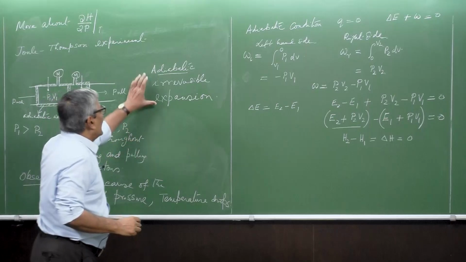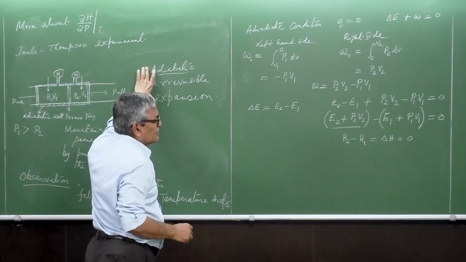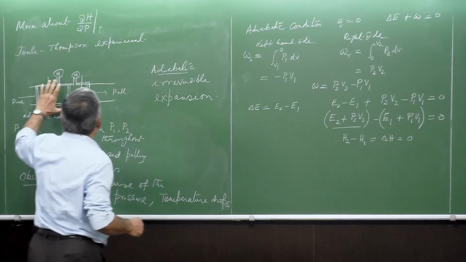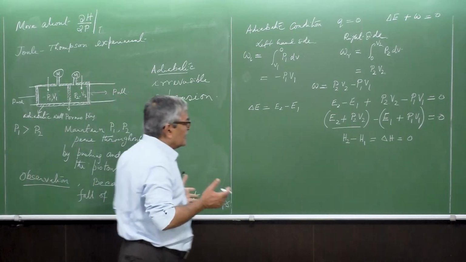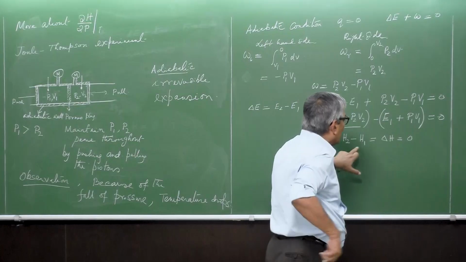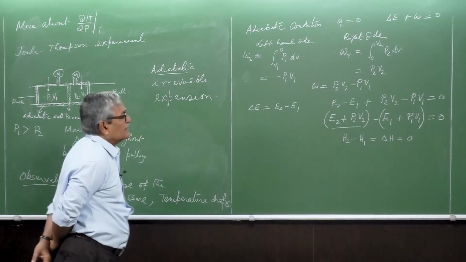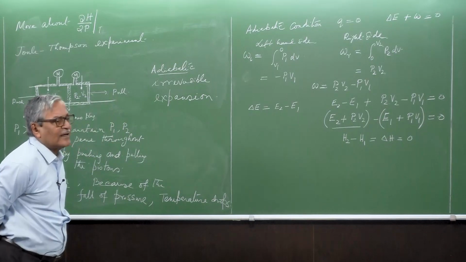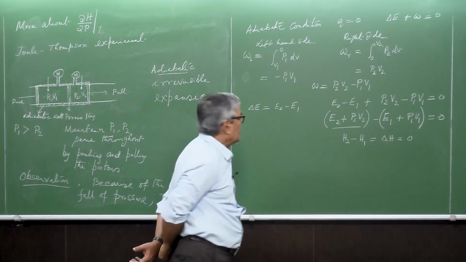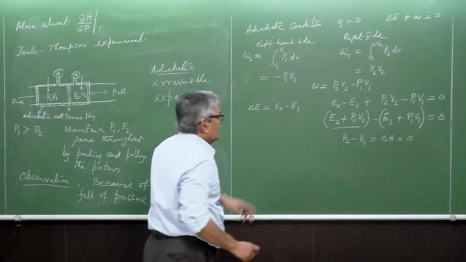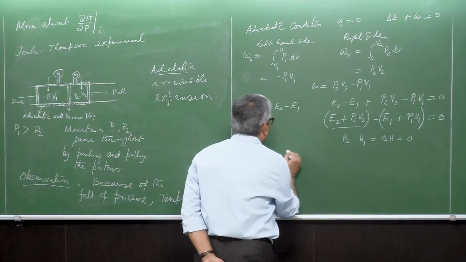So in this adiabatic irreversible expansion that we have been discussing, we have a situation where there is a pressure drop and a correspondingly temperature drop, but the enthalpy does not change. So it is an isoenthalpic process. So this adiabatic irreversible expansion of the gas is the Joule-Thompson effect.